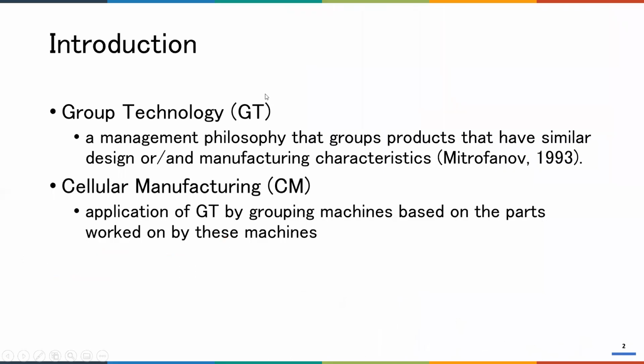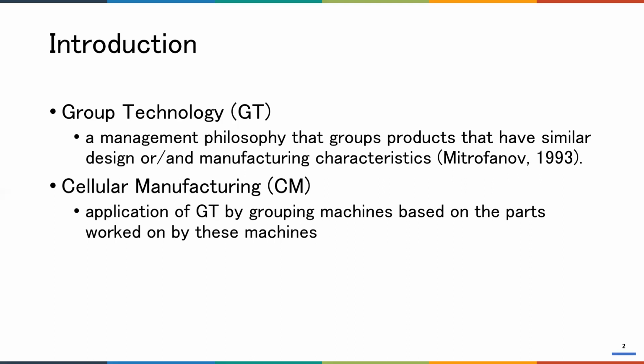Okay, so when we talk about group technology, it's kind of a philosophy. It's how we try to group or cluster similar products that have either a similar design or similar manufacturing characteristics. When I talk about manufacturing characteristics, it's mostly that they have the same process or the same machine, although maybe the sequence is different, but they share the same machine. So we can group those into a product group.